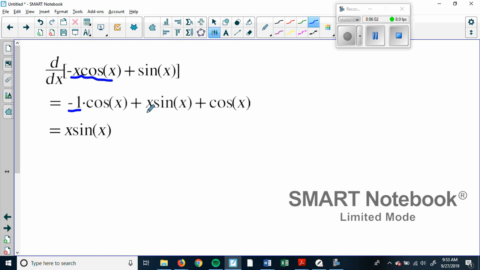And then we had a negative x, but the derivative of cosine is negative sine of x, so when you put those together, that's where this plus comes from. Then what's the derivative of sine of x? It's cosine of x. Notice that this and this cancel each other out, and so we get x sine of x as our derivative, and the antiderivative working backwards is that.